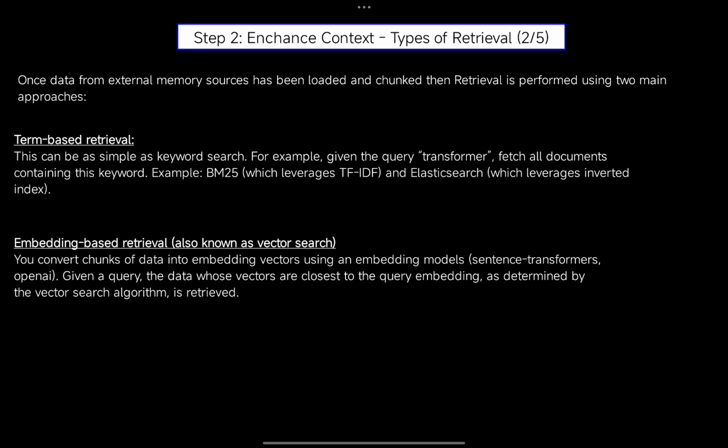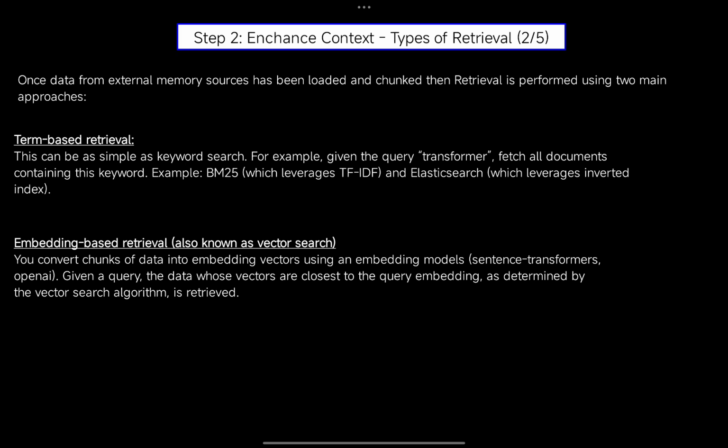Here you convert the chunks of data into embedding vectors using certain embedding models. Those embedding models can be open source models or a proprietary model like OpenAI. Then when given a query, that question will again be converted to vectors, and then we retrieve the documents using the similarity between the query embedding and the document embedding, right?